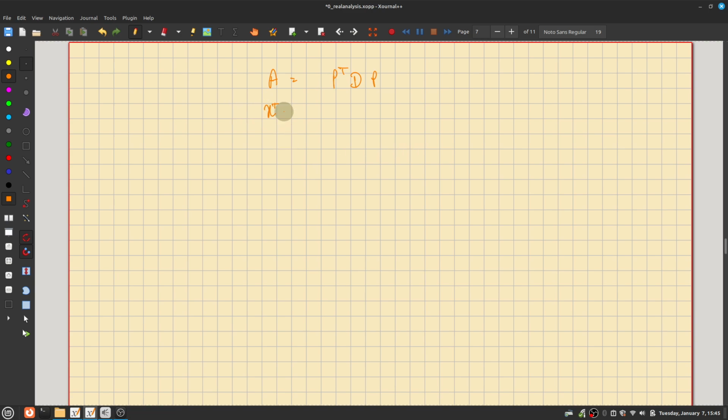So x transpose Ax is just x transpose P transpose D Px, which is Px transpose D Px.